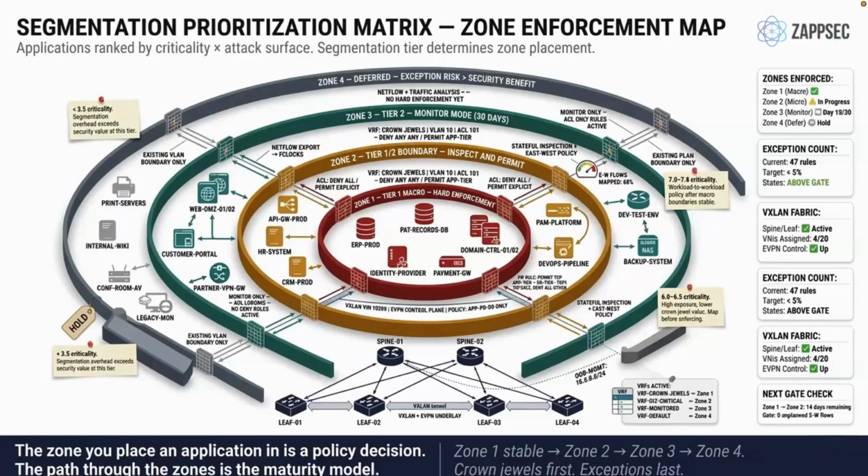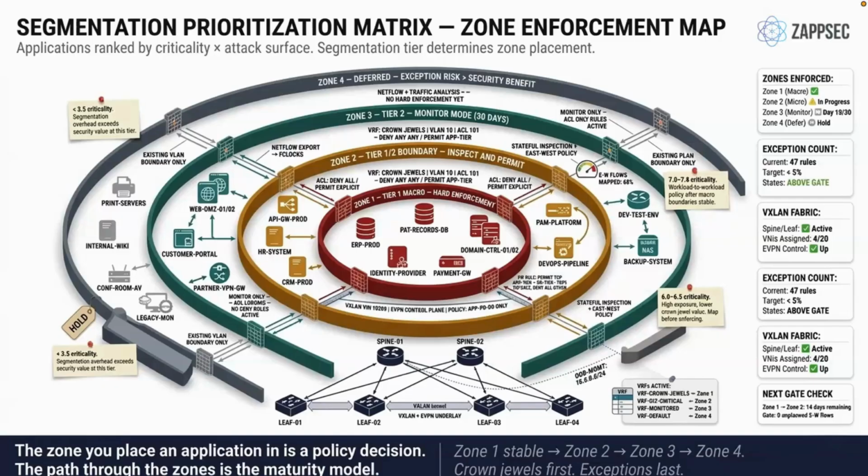And the panel on the right side, what you're seeing, like zone enforced, exception count, all of that, what I want every architect to look at first is the exception counters, your 47 rules. For example, the target is below 5% of total rules, and we are currently above gate. The number on the right side of the screen is your technical debt score.